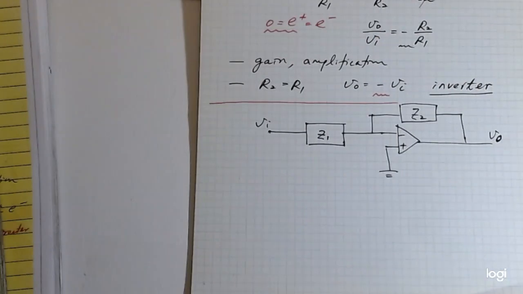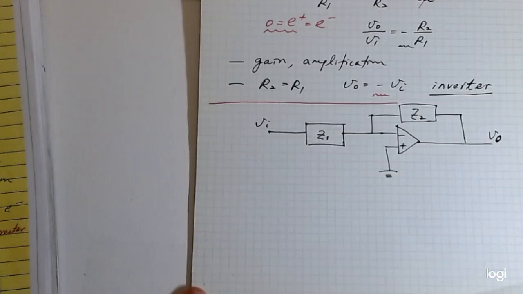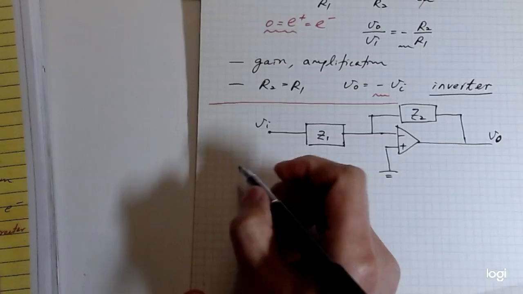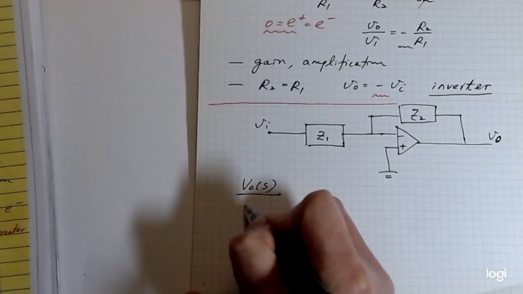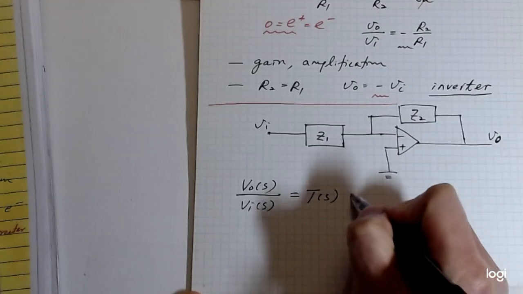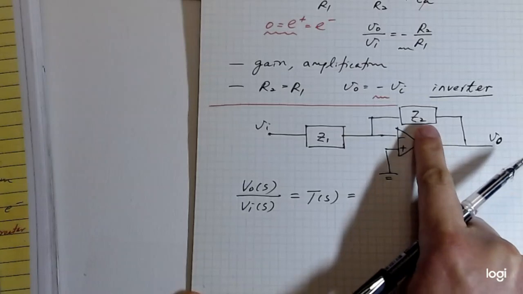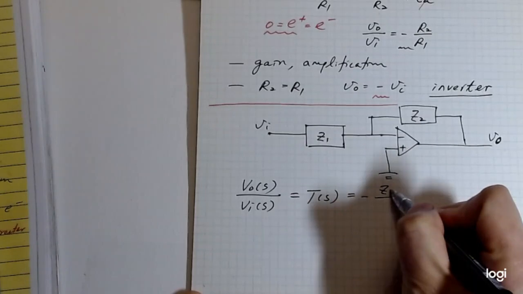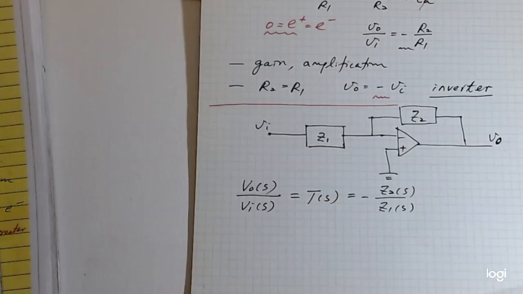The same approach as before, except this time we use the impedance concept. So we get exactly the same answer, but in the Laplace domain: capital V out over VI of S, which is our transfer function, will be minus R2 over R1. In this case it will be minus Z2 of S over Z1 of S, using the impedance concept.